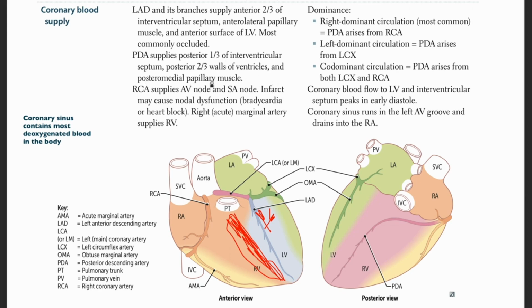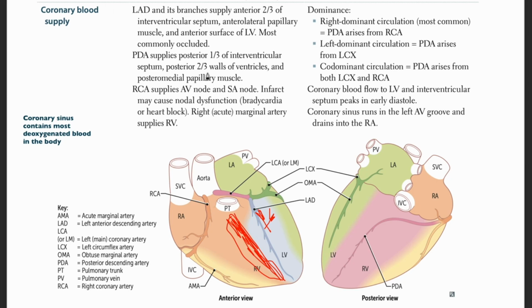posteromedial papillary muscle. So this one also supplies the valve muscles. Okay, the posteromedial ones. So this is the posteromedial, and this is the anterolateral. So it's important to know this difference because I don't think they'll give you an ECG, but if you have to figure it out from an ECG or something, or they'll just tell you that there's an occlusion in the anterolateral part.